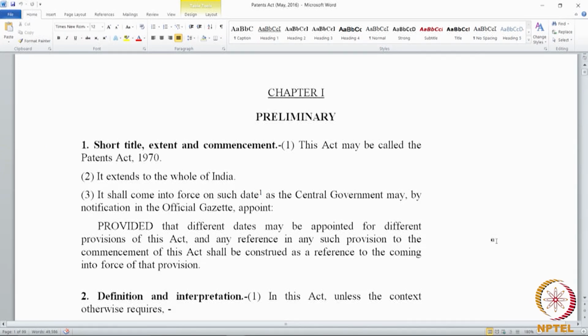This could be the time when the Act actually is passed, or it could be a time which could be determined later. In the Patents Act, certain provisions came into effect after the Act was passed. So this is left to the central government to decide when certain provisions of the Act can take effect.